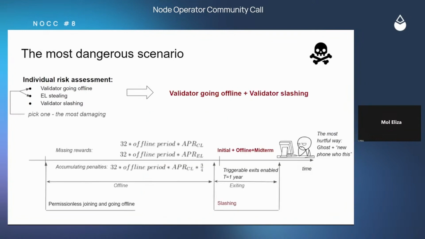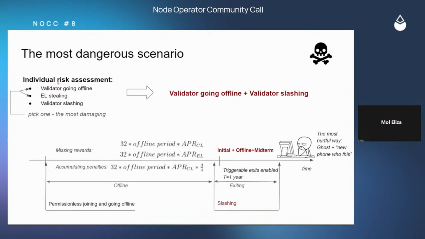And the basic gist is you can't steal EL if your validator is not running online. And a validator being offline is worse than EL stealing on a general level, because impactful EL stealing is really rare, and a validator going offline means rewards not generated and penalties accruing for the whole amount of time.